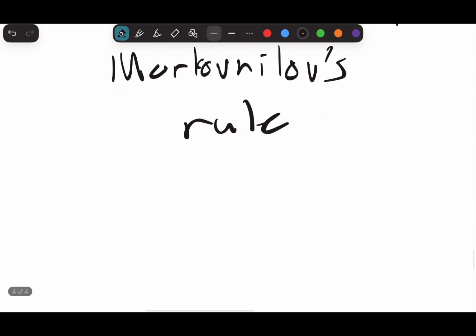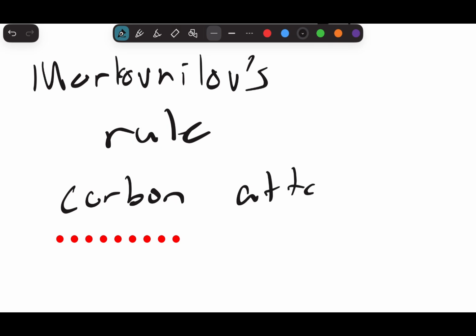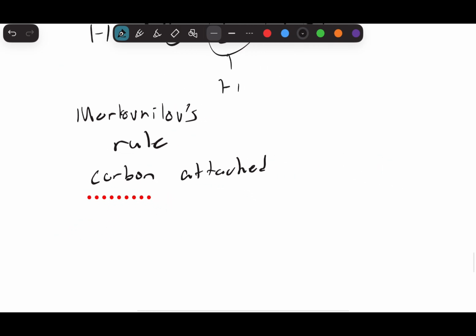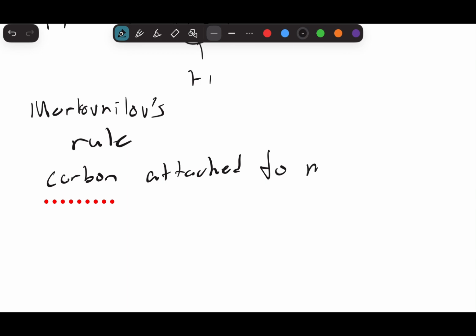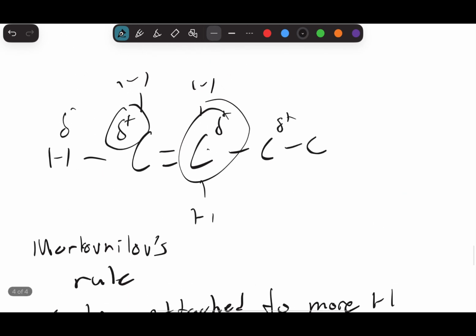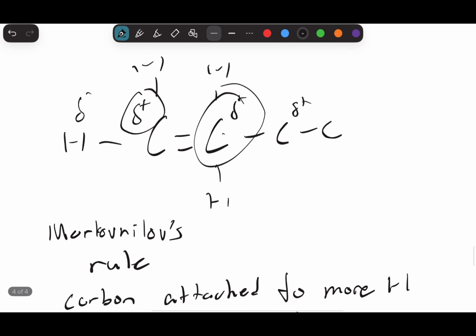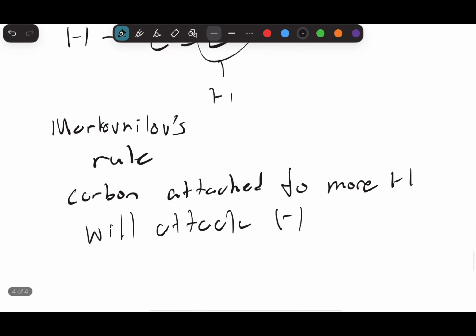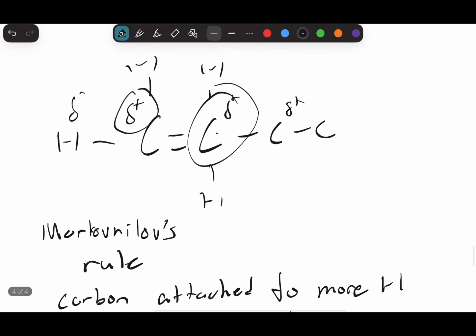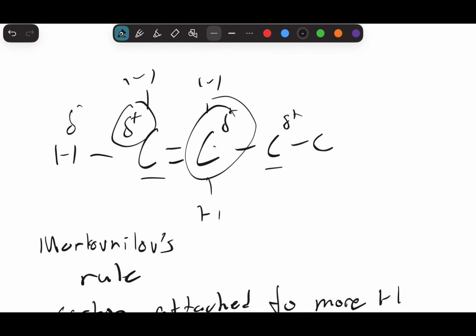But all you have to know is that he states that the carbon attached to more will attack. So once this is broken down, same amount of carbon. Okay, it's fine. So if it's attached to more carbon, it's more stable, so it would want to react less.